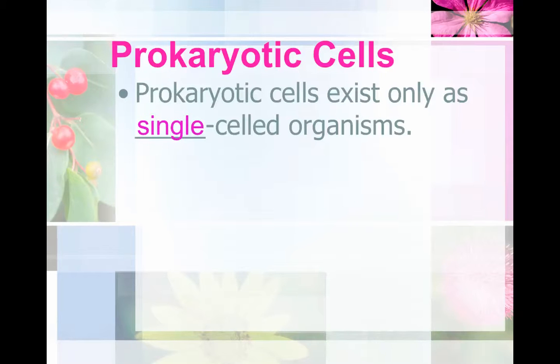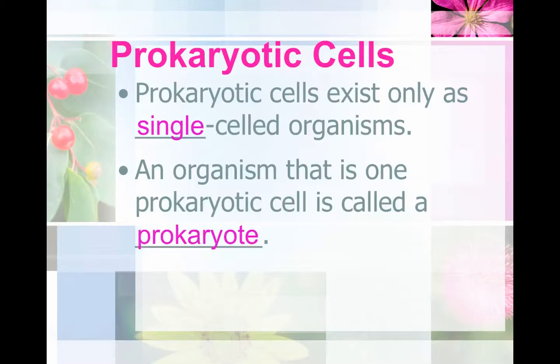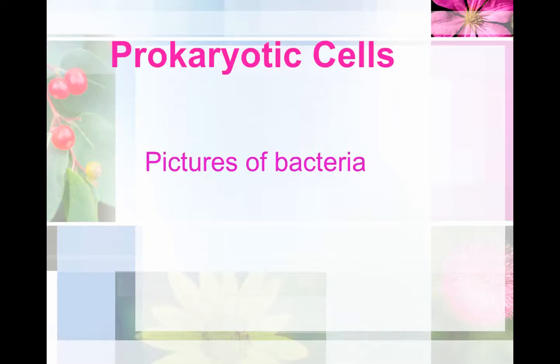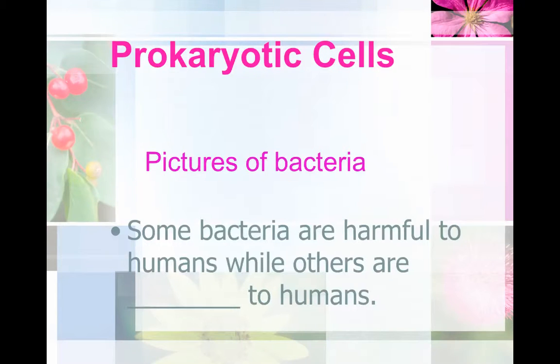Prokaryote cells exist only as single-celled organisms, and all bacteria that we know of are prokaryotes. Let's talk about bacteria for a second. I don't have pictures on this slide. It's a mistake. Some are harmful, but most actually are beneficial. In fact, in your body, there's about 10 to 1 bacteria to regular human cells.